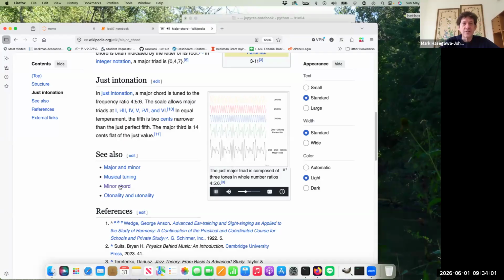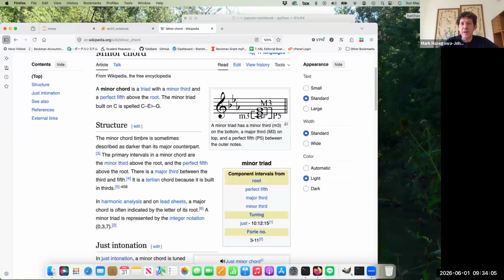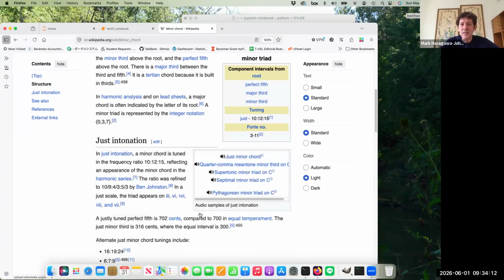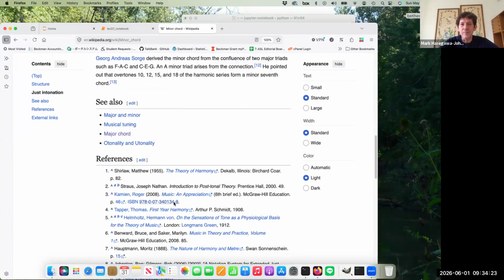I also want to talk about the minor chord today. The minor chord does the 3 half notes in the first step, and then the 4 half notes in the second step. And so it sounds like this. That's a standard minor chord. Do we have other examples? No, I guess just that one.